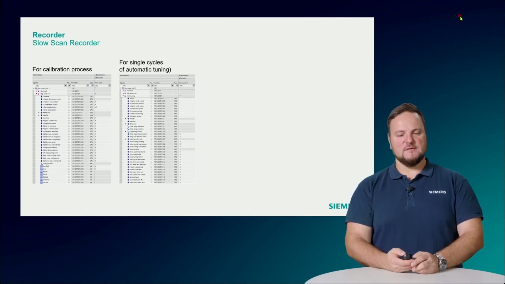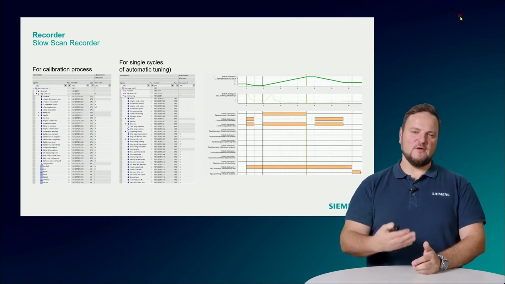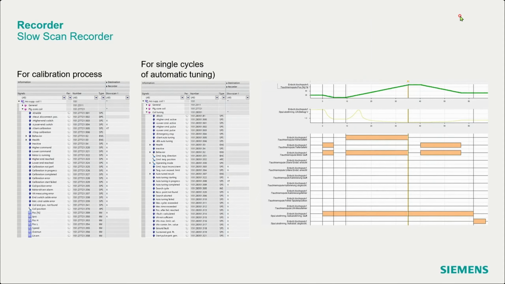And we recommend doing that, because then you have a clear picture of what the coil is doing, what the algorithm is doing, and afterwards what it analyzes. This is also a good point, that you can use each single message and also the functional values and add these to the slow scan recorder.